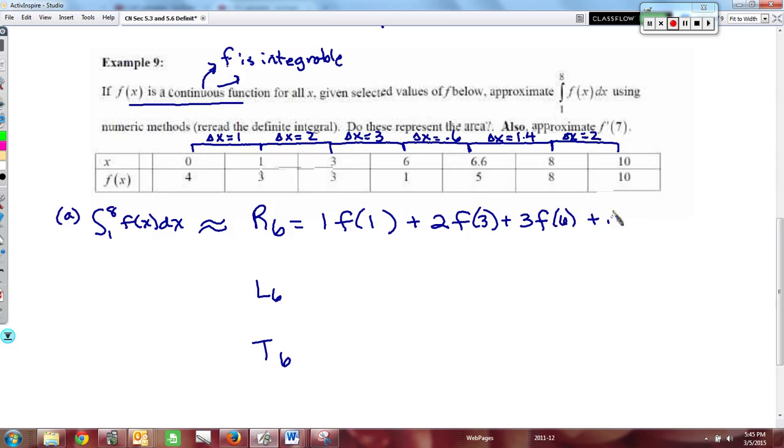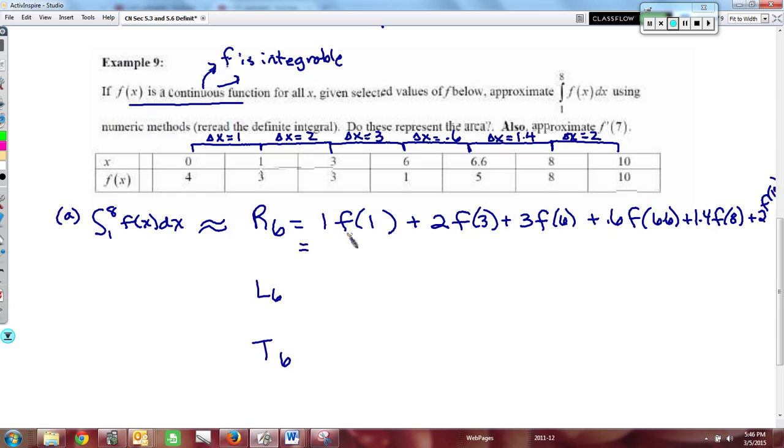And then we have 0.6 times f of 6.6. And then 1.4 times f of 8. Plus 2 times f of 10. I should have written smaller.